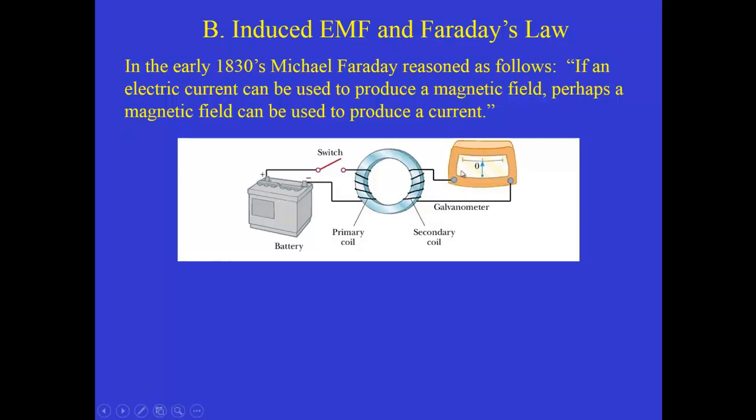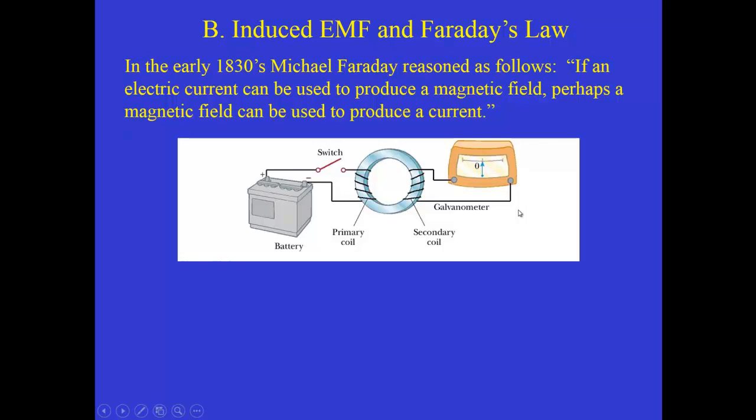There was a very small current, but it lasted just a very short time. What Faraday also noticed, somewhat counterintuitively, was that once the switch was closed, if he opened the switch again, he saw another deflection in the needle on the galvanometer, except in the opposite direction.